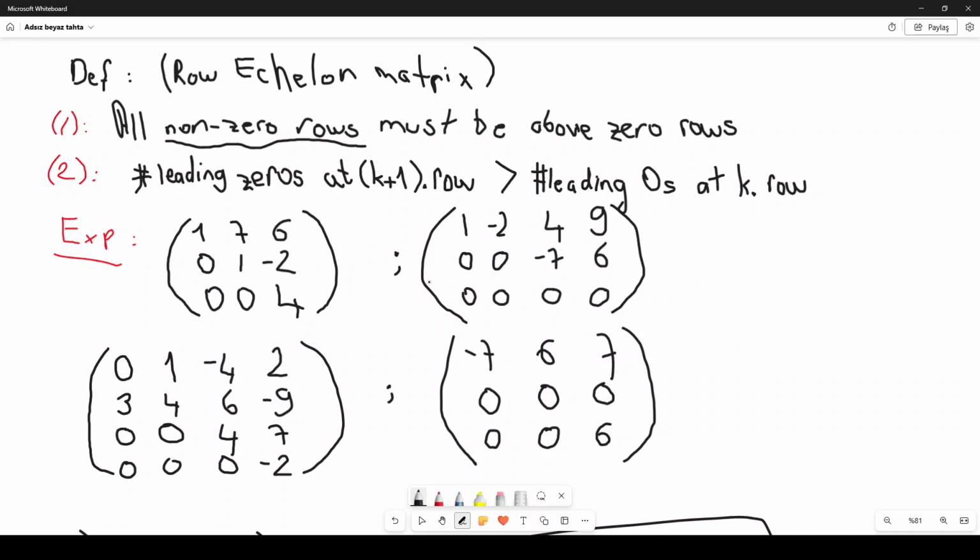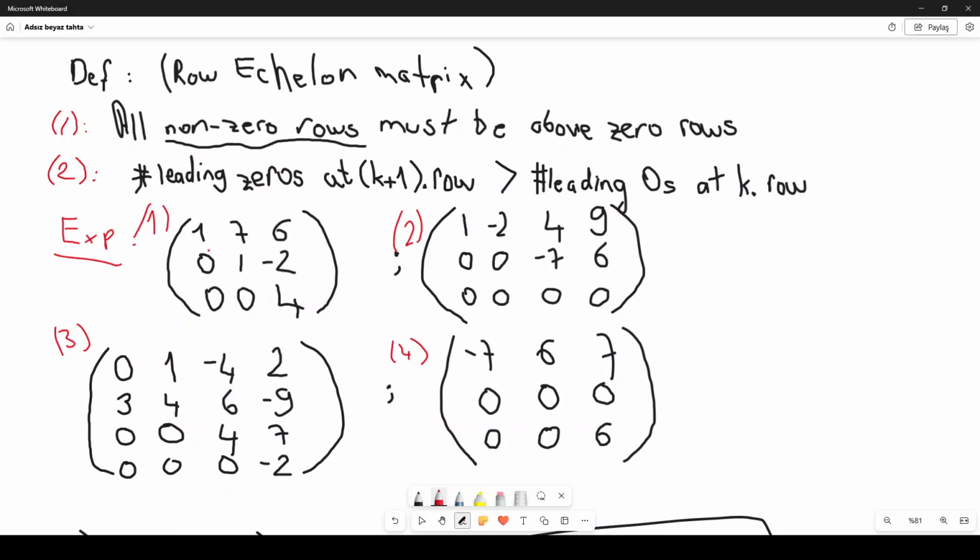So if there is at least one non-zero element in the row, then that row is called a non-zero row. For instance, in the following example, let's give some numbers to our matrices. So this is the first matrix, this is the second one, and this is the third one. Let's give them labels so that we know which matrix we're talking about.